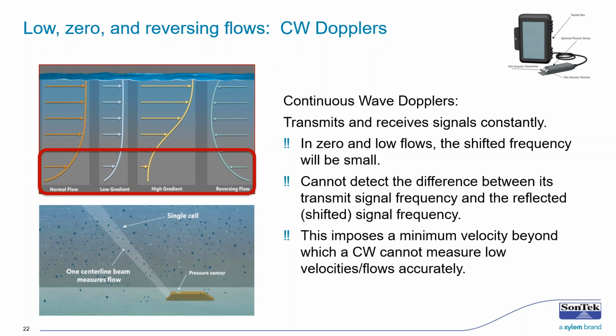And so this ambiguity imposes a minimum velocity specification. And continuous wave systems cannot measure below a certain point. So when you're looking at a continuous wave system, it is important to ask for and look for that specification if you think you're going to be in low flow conditions.